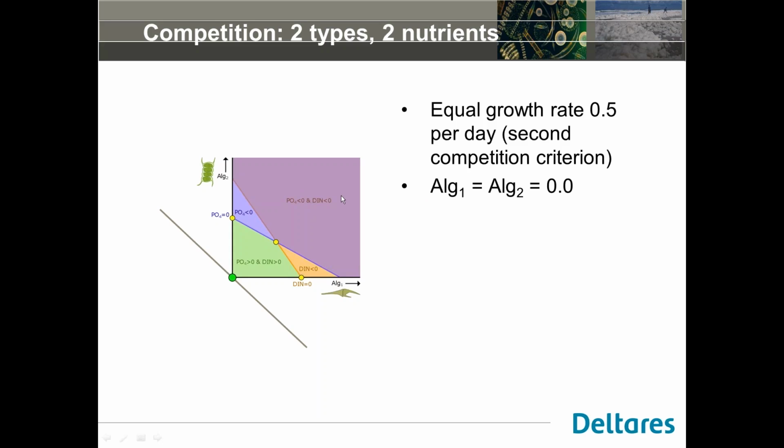Again, we make the assumption that the growth rate of the two types is the same. And again, we start our competition experiment in the origin. So algal 1 equals algal 2 equals 0.